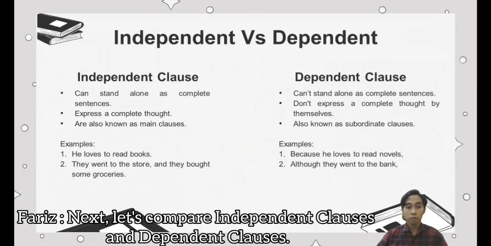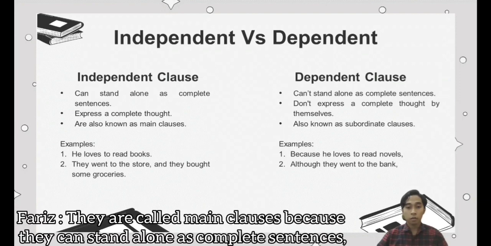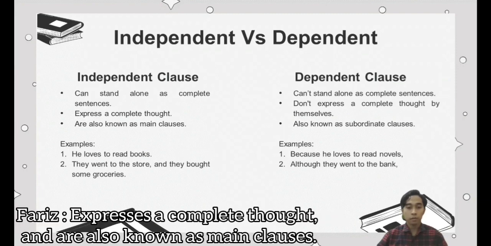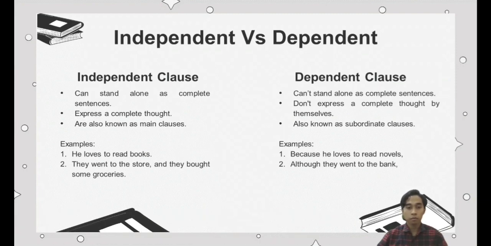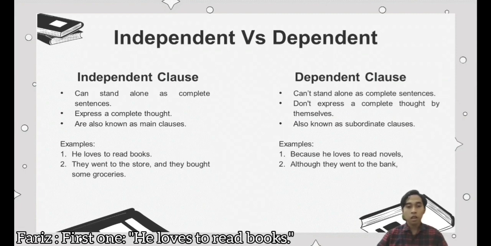Next, let's compare independent clauses and dependent clauses. Independent clauses are crucial parts of sentence structure. They are called main clauses because they can stand alone as complete sentences and express a complete thought. Here are a couple of examples. First one, he loves to read books.